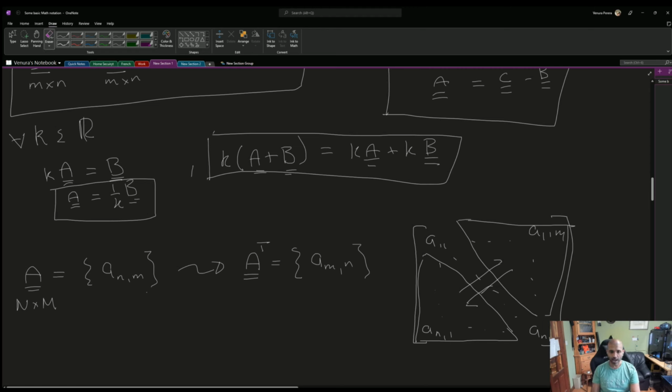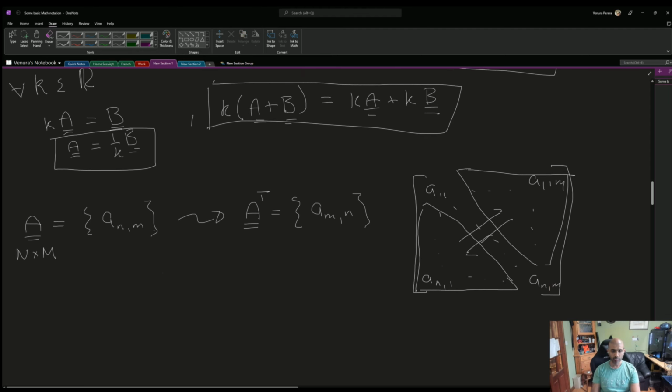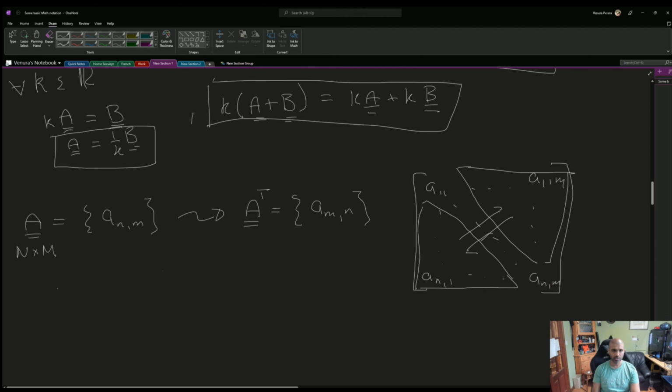Interestingly, if we have a diagonal matrix, where we have values on the diagonal and nothing in the triangles, then there's a rule that says the transpose of B, which is a diagonal matrix, is actually equal to B. So here's another little rule.